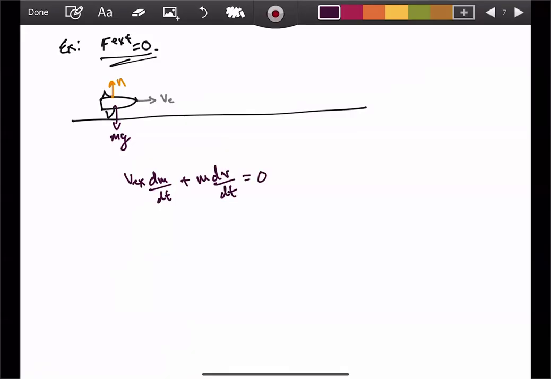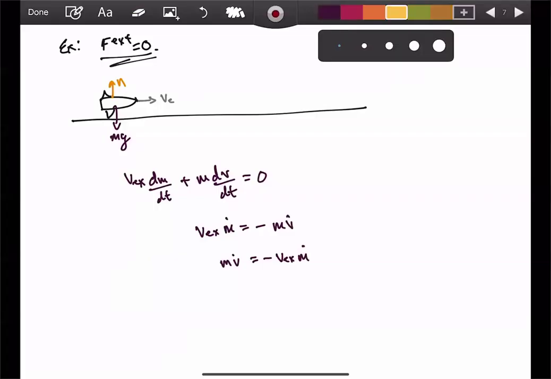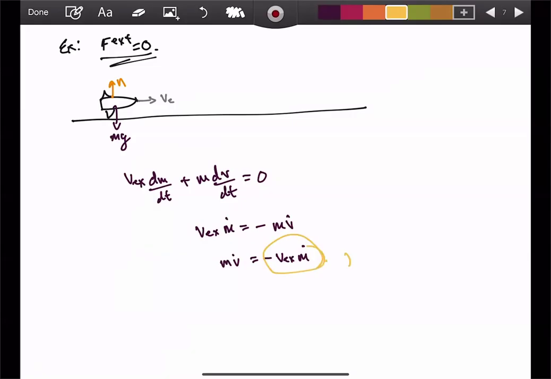So basically, V expulsion m dot must be equal to minus m v dot. Or typically, we're going to write this as m v dot is equal to minus V expulsion times m dot, where the term on the right-hand side is what we usually call the thrust. So this is our thrust.